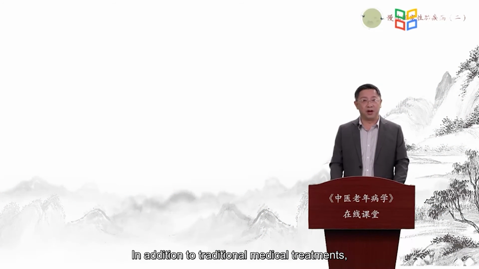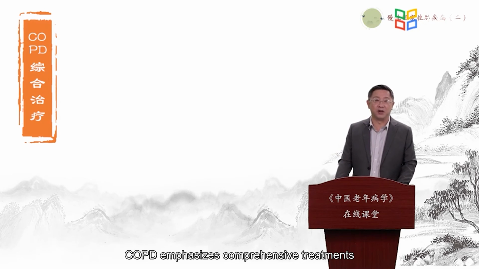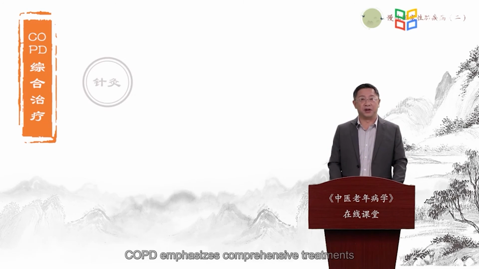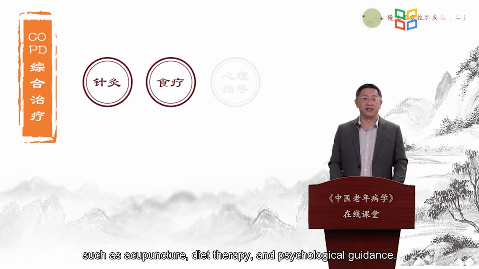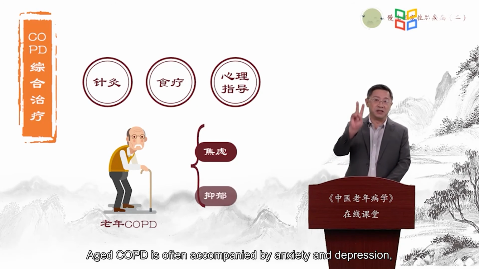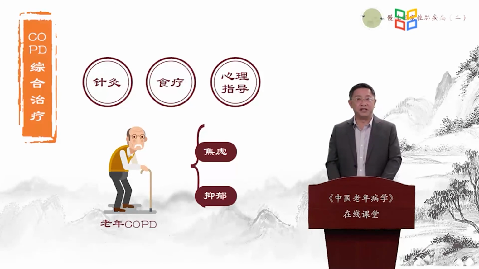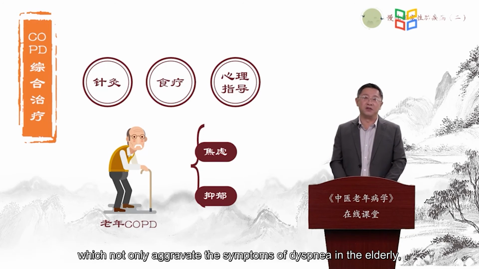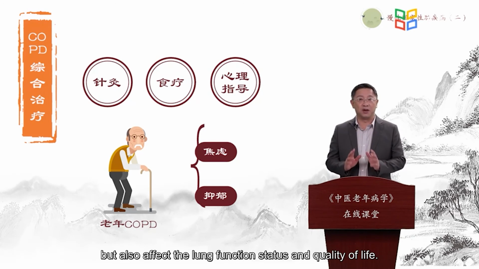In addition to traditional medical treatments, COPD emphasizes comprehensive treatments, such as acupuncture, diet therapy, and psychological guidance. Aged COPD is often accompanied by anxiety and depression, which not only aggravate the symptoms of dyspnea in the elderly, but also affect the lung function status and quality of life.